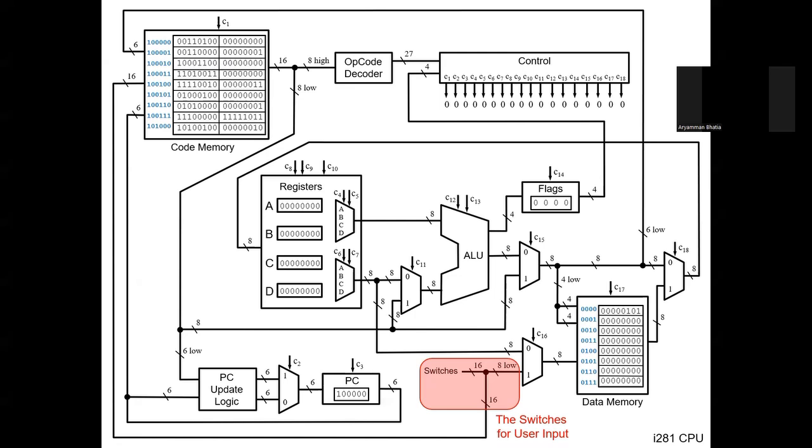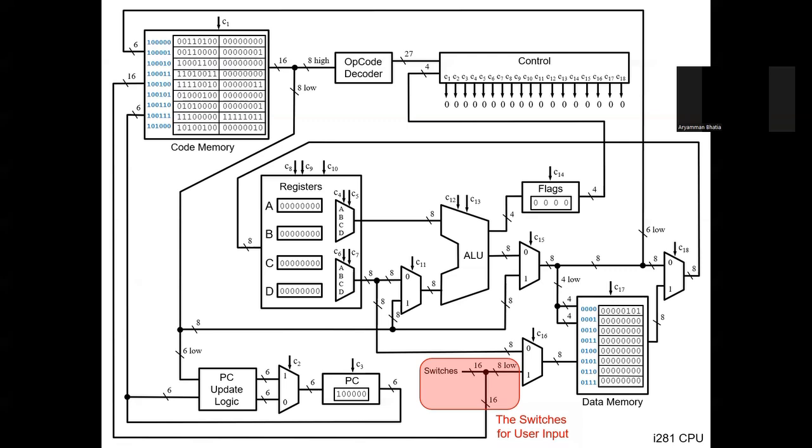Correspondingly, the 8 lowest bits of these switches can also push data into the data memory by the user. If the multiplexer controlled by line C16 is pulled to 1, then the value inputted by the user can go into the data memory.